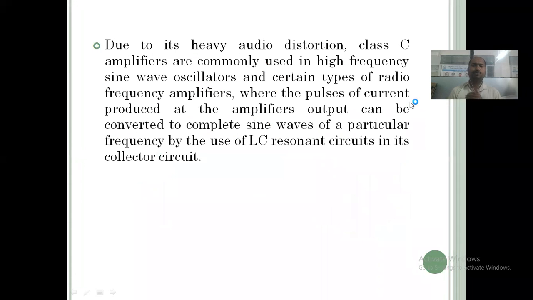See, due to its heavy audio distortion, if we are transmitting, the information is lost, right? This is not acceptable, right? So that's why class C type of amplifier is not used as an audio frequency amplifier. It should be used for high frequency amplification of the sine wave, right? So for that purpose, it is used for long distance communication.